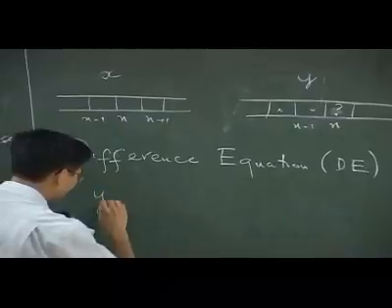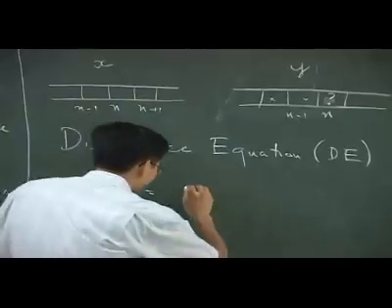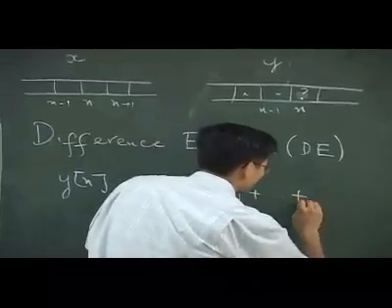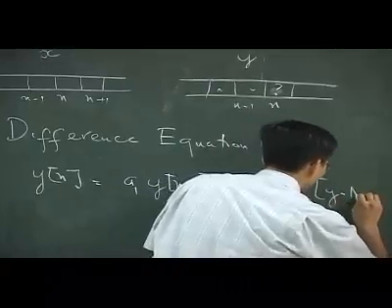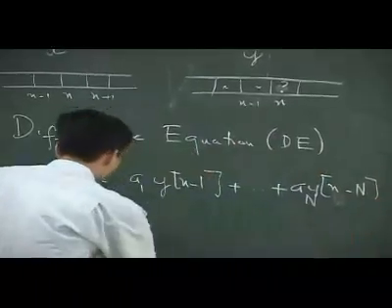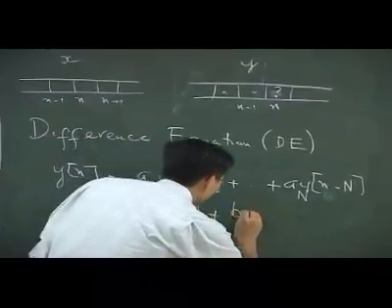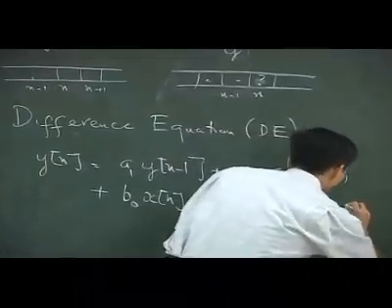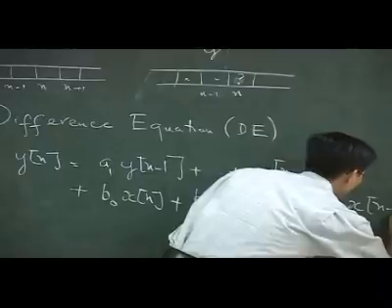So for example, I'm going to write y[n] equal to a1 y[n minus 1] plus ... plus aN y[n minus N] plus b0 x[n] plus b1 x[n minus 1] plus ... plus bM x[n minus M].